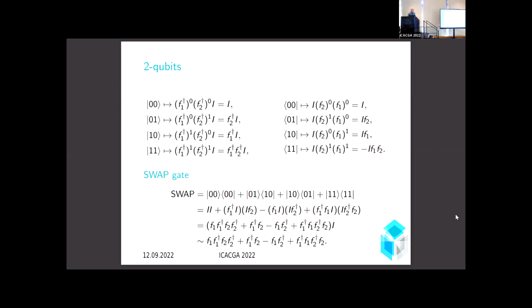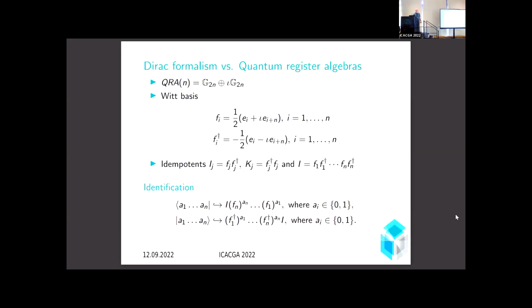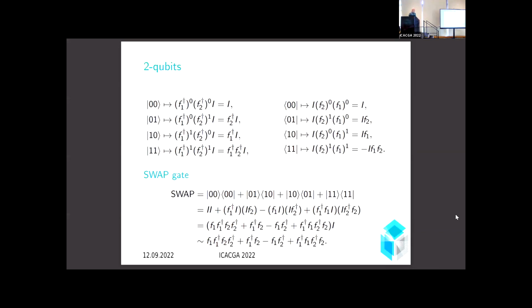In the case of ket vectors, the first is on the second place, and the second is on the first place. You can see it here. If we have a bra vector, it's in the opposite direction, and if we have a ket vector, it's the direct direction. So this is the representation of the ket vectors. This is the representation of the bra vectors.